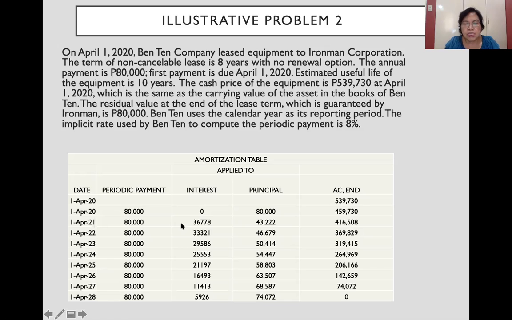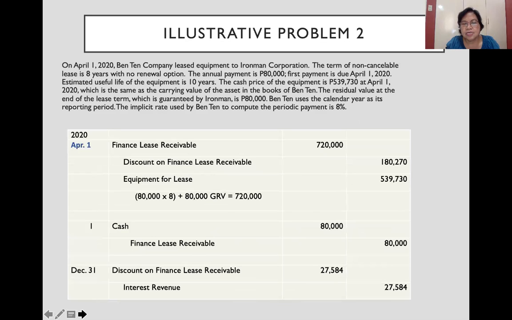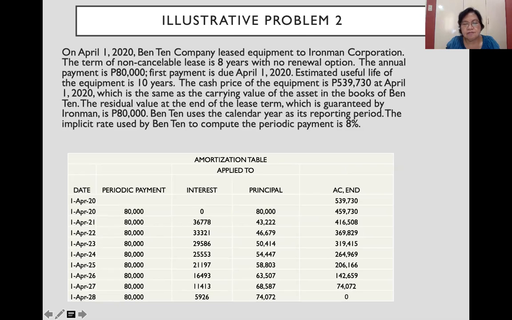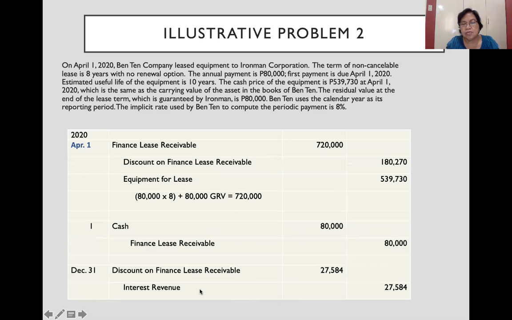But we are reporting on a calendar year basis, so the first 9 months of this interest is part of the year 2020. So 9 over 12 of 36,778 will be recorded as interest income at year end. 36,778 times 9 over 12 is 27,584. So we debit discount on finance lease receivable 27,584, credit interest revenue 27,584.